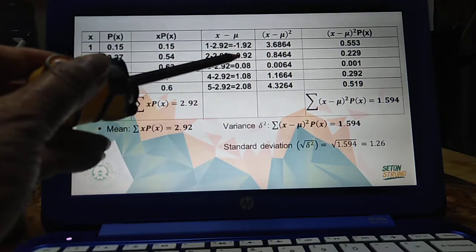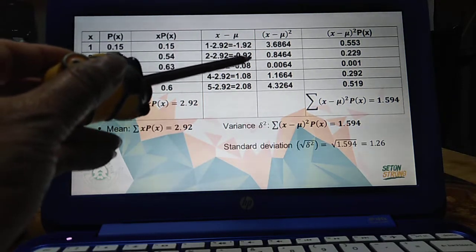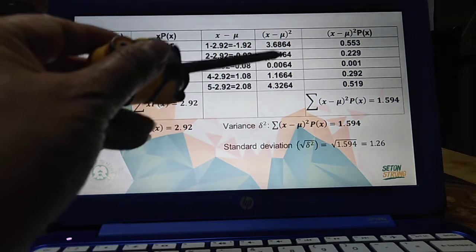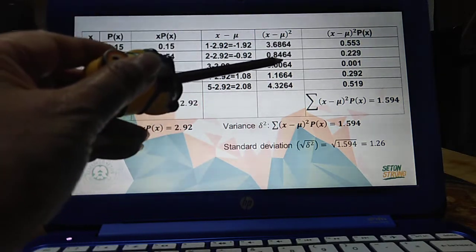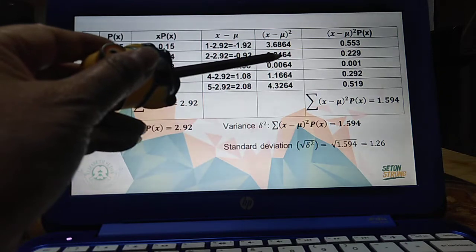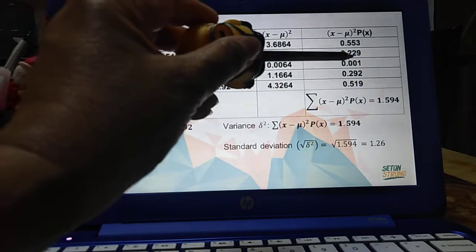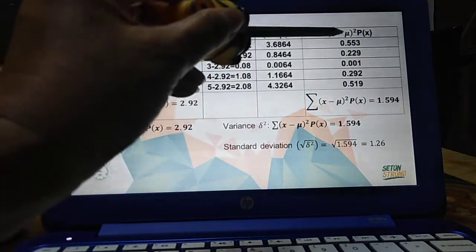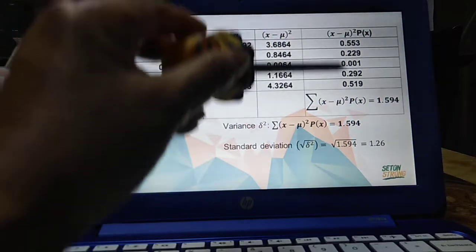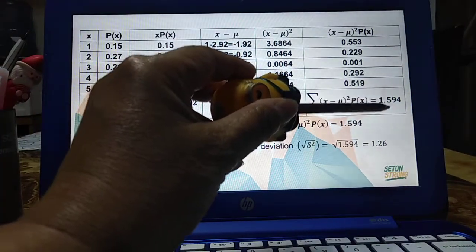We square negative 0.92, giving me 0.8464. This 0.8464 is now multiplied with its probability 0.27, giving me 0.229, and so on. After getting the product of this, we add everything up, and we get 1.5594.